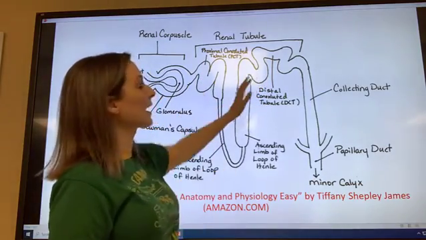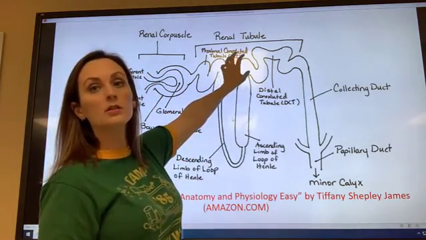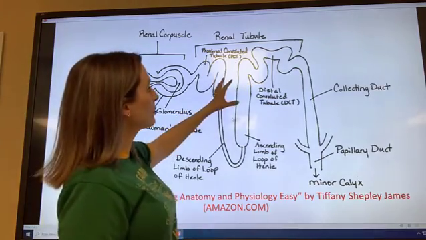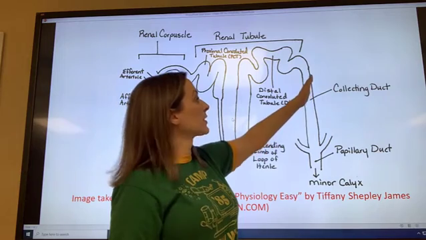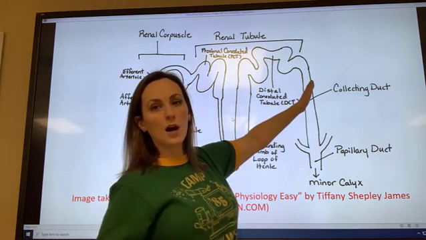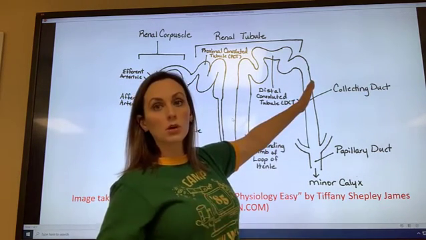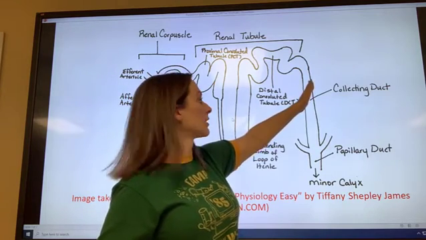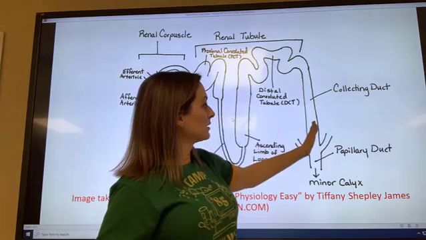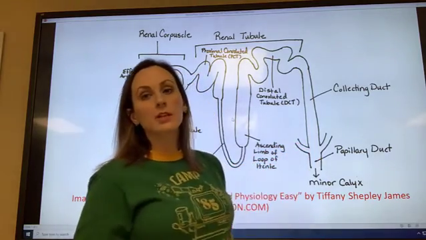So those three items make up the renal tubule. From the renal tubule, we then head over to the collecting duct. And the collecting duct is really the last stop on our way out towards draining from the kidney and moving on down the ureter to the bladder. So collecting duct, and we're going to drain out of the nephron.